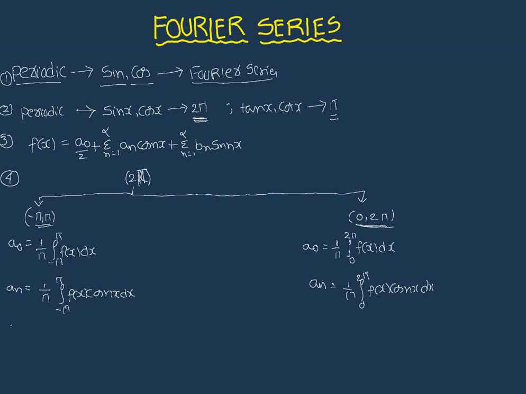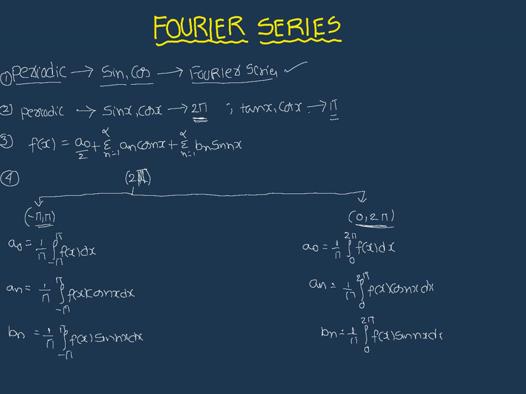Similarly, b n is equal to 1 by pi integral minus pi to pi f of x sin nx dx. Here b n is equal to 1 by pi integral 0 to 2 pi f of x sin nx dx.